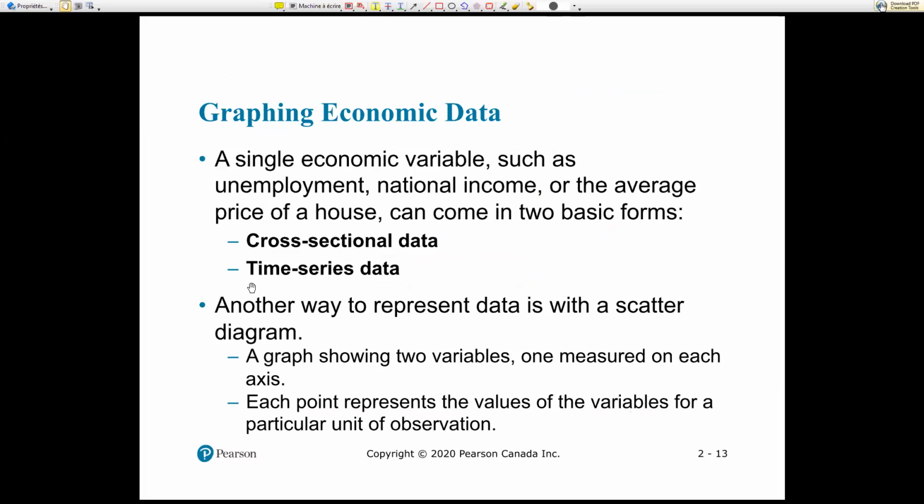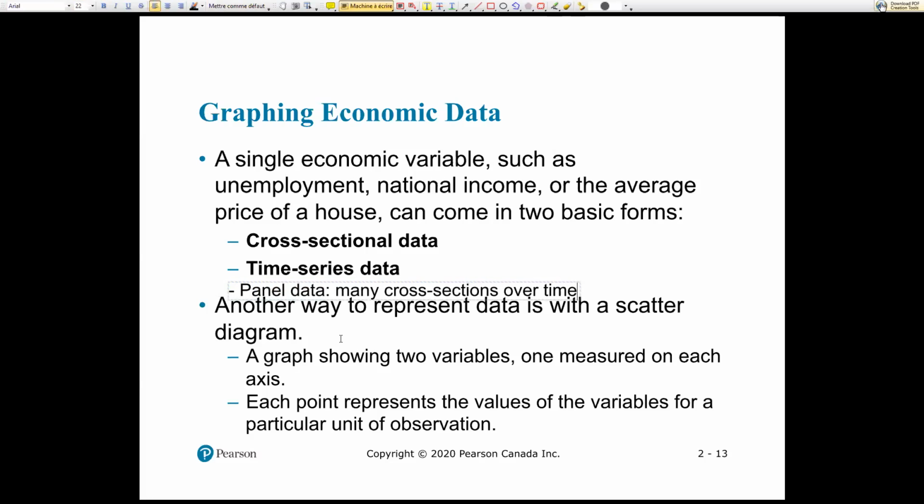And there would be one other type, which we would call panel data. Panel data is many cross-sectional observations over time.